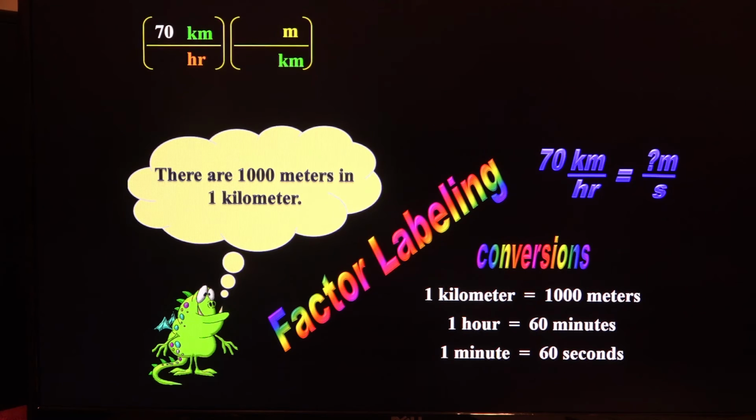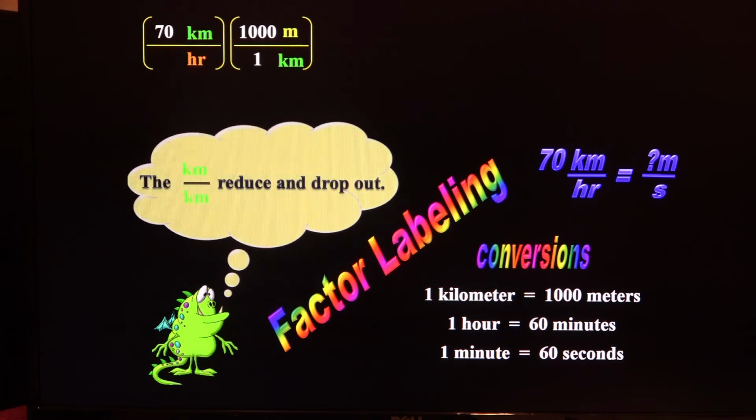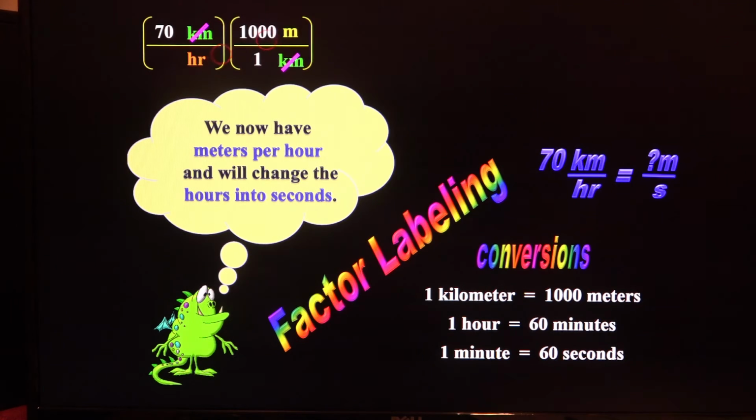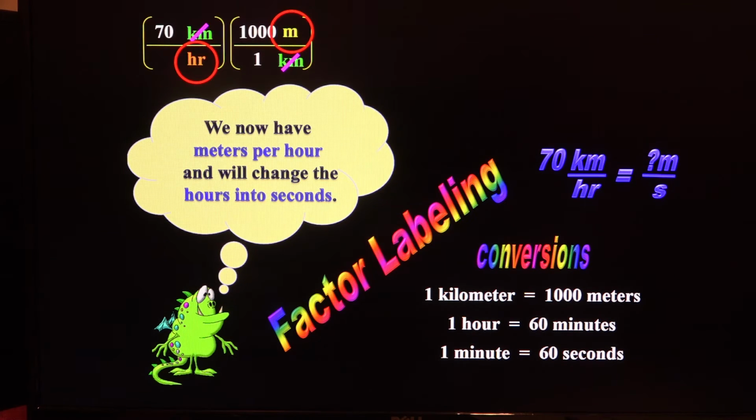We know that there are 1,000 meters in 1 kilometer. The kilometers divided by kilometers reduce to 1 and drop out. We now have meters per hour, and we'll change the hours into seconds.